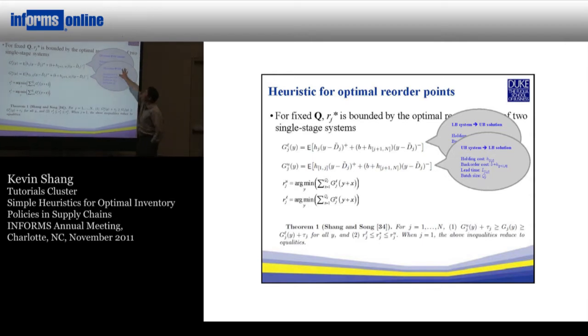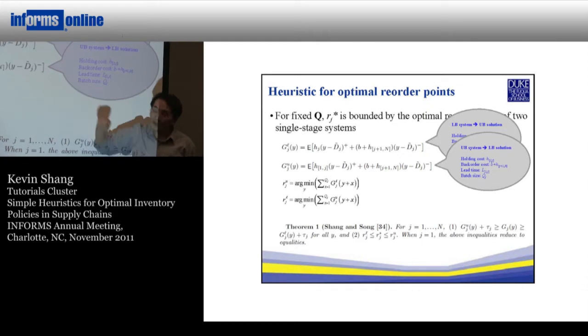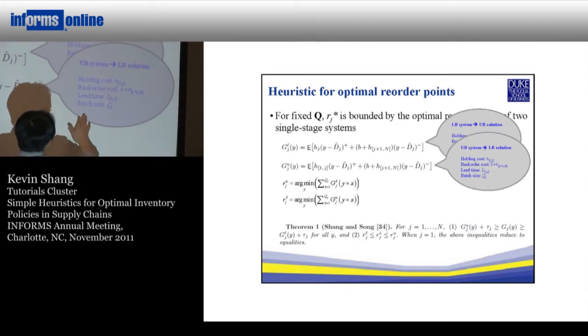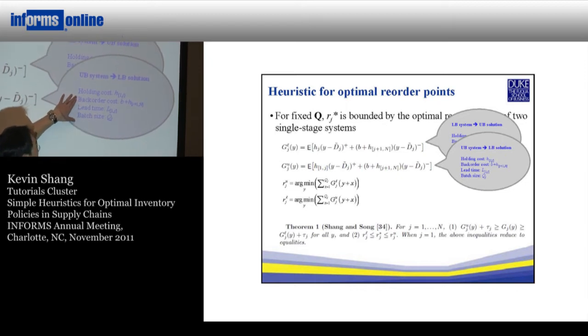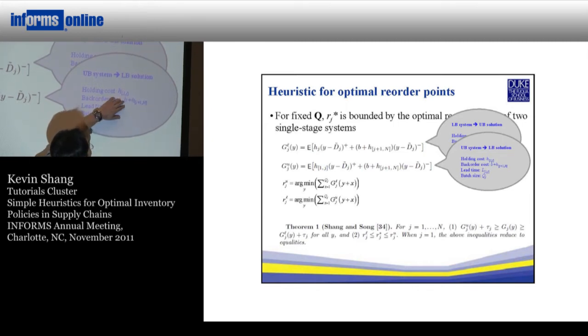This is just to specify the parameters for the upper bound system. For the upper bound system, the backorder cost is the same, the lead time the same, the batch size the same. The only difference is that your holding cost is equal to H1j, which is again the summation of Hi from i equals 1 to j.